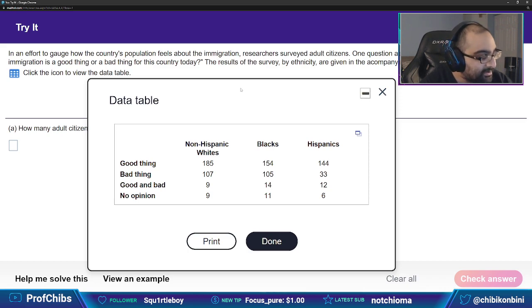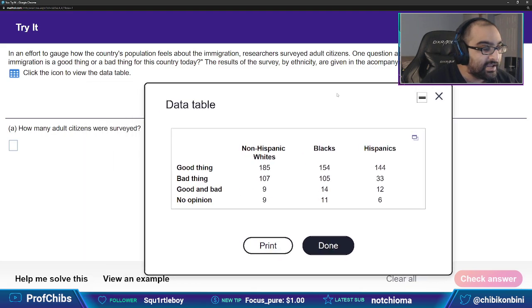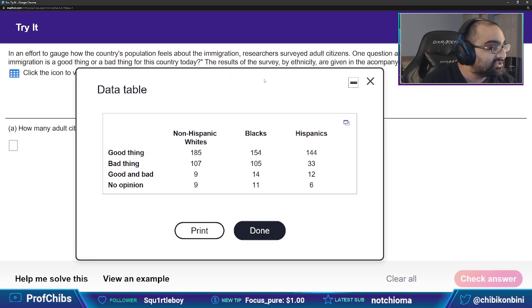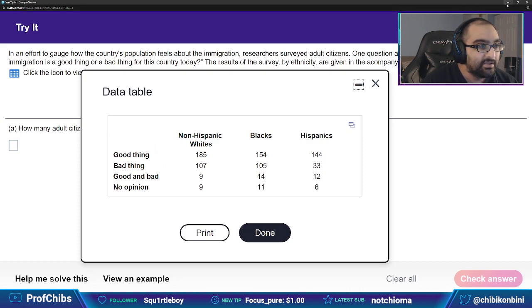Here's the table between non-Hispanic whites, blacks, and Hispanics. They have good and bad, and some no opinions. All right, fair enough. Let's take a good look at each one. It asks, how many adult citizens were surveyed? Here, we want to add each one of these down. So let's go to our paint tool.